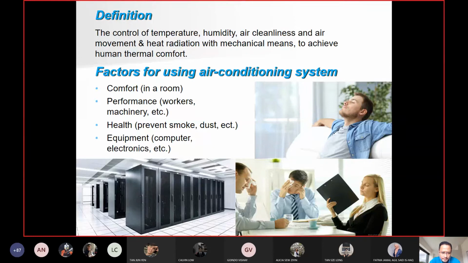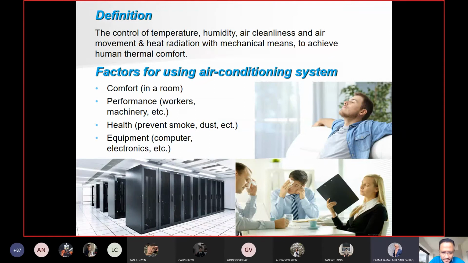And finally, to maintain certain equipment, especially computer equipment and electronics. It cannot be too hot. For example, do you know what the image on the bottom left is? Anyone know what those things are? Guys, any idea what those things are? Is it a cabinet?